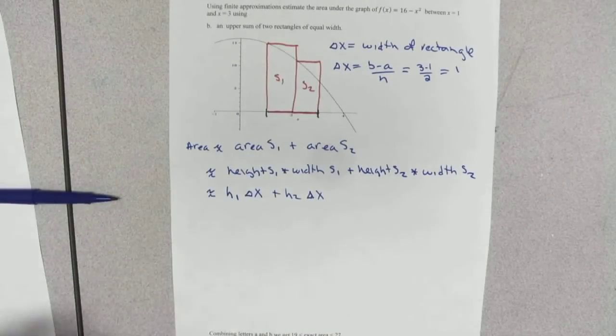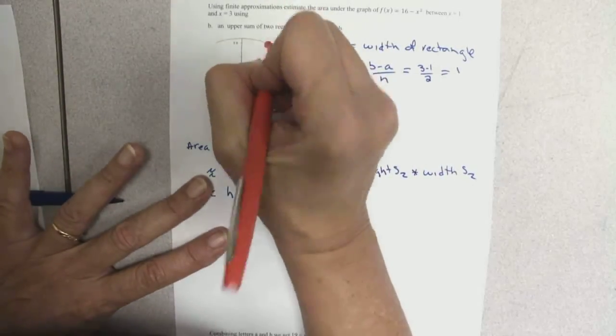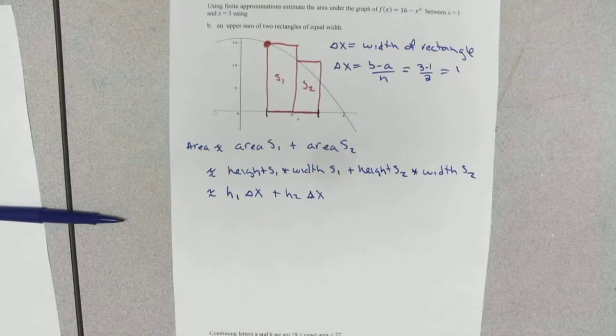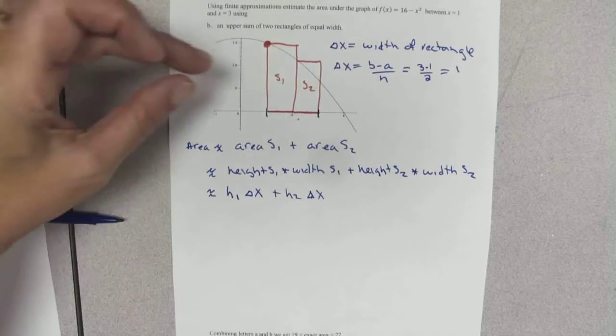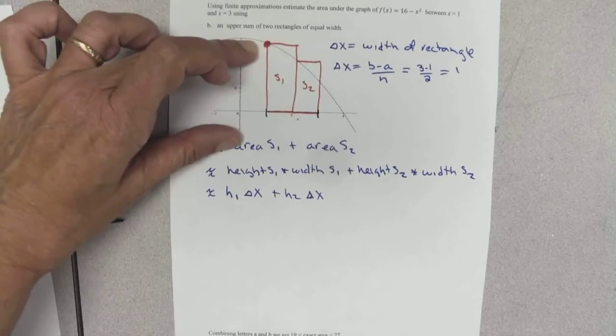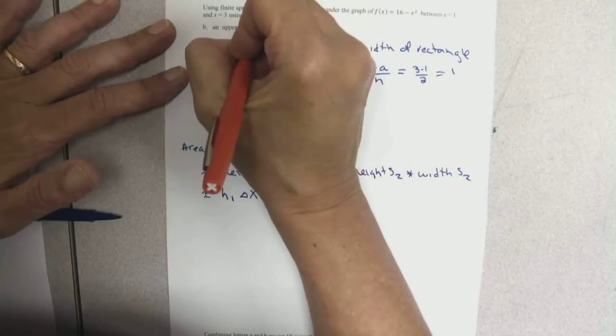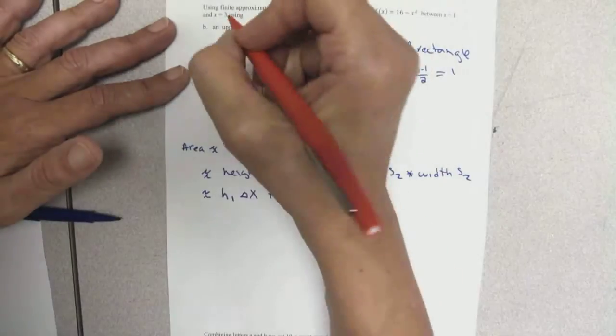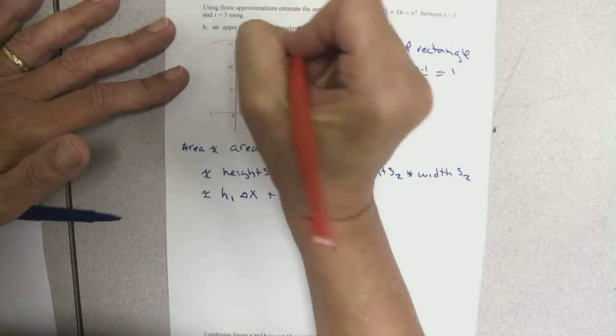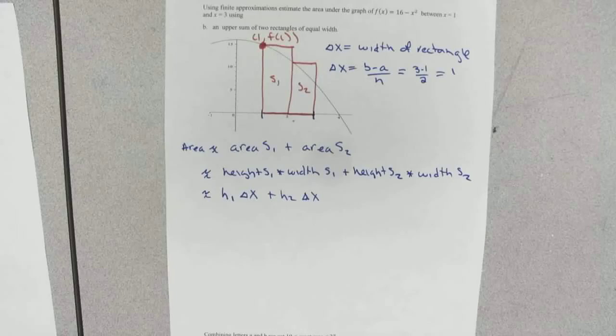And then the heights. You're going to find that by where the curve meets the rectangle. In rectangle 1, that height right there is on the left. That point there has an x coordinate of 1. Its y coordinate, I find all y coordinates by just plugging in.